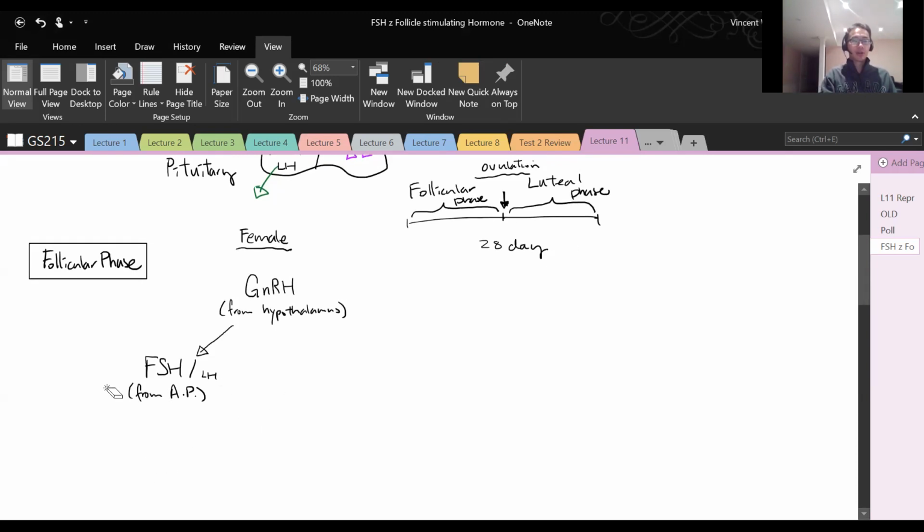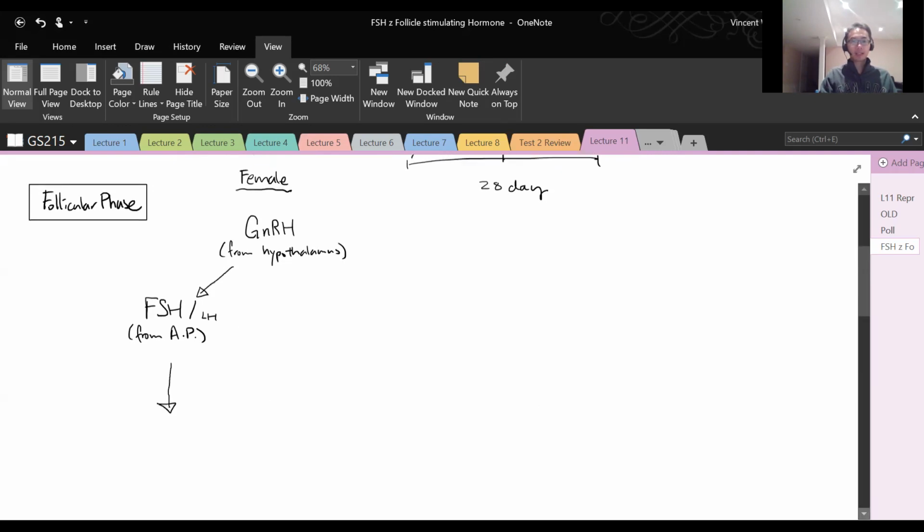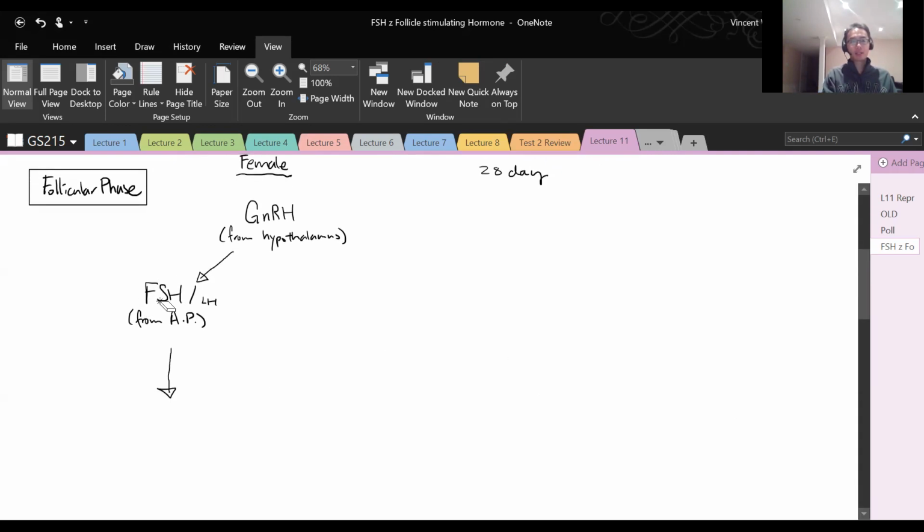Very good. So the FSH and the LH, what are they going to do? Well, they are going to travel to the ovary. And FSH, as the name implies, will stimulate a follicle to develop in the ovary.